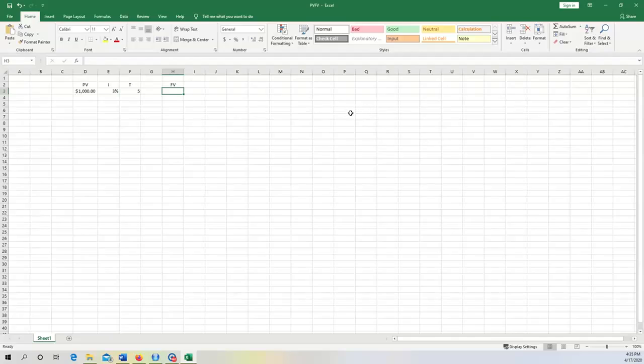So here I can figure out the intermediate step. What's my intermediate step? This part equals parenthesis 1 plus 3%, overall raised to the power of how many years? 5. Let me give this number the name called the factor.